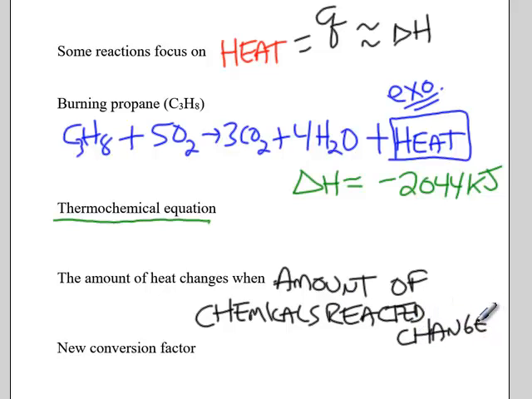If you burn a little bit of propane, you're not going to make as much heat as if you burned a lot of propane.